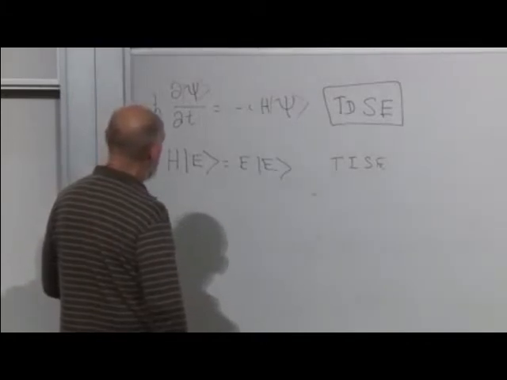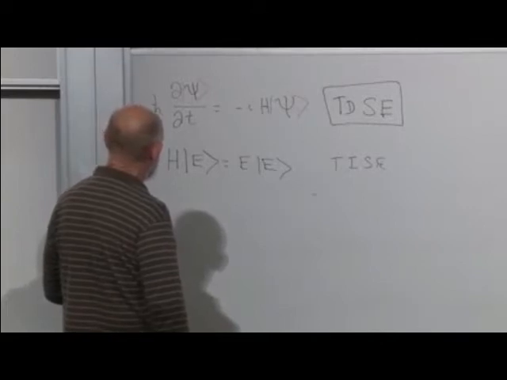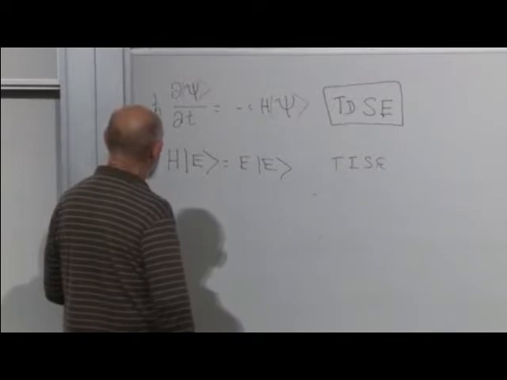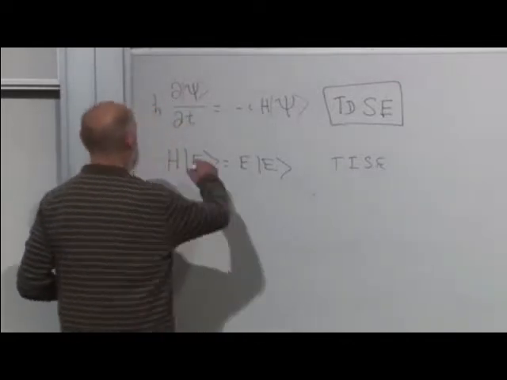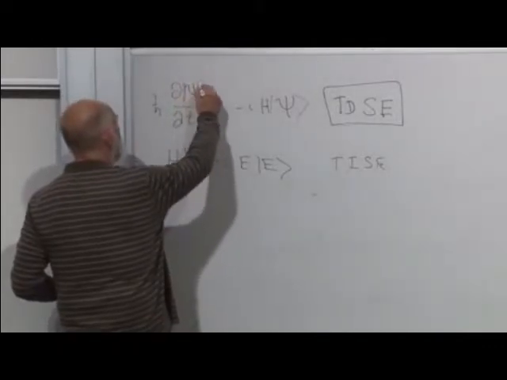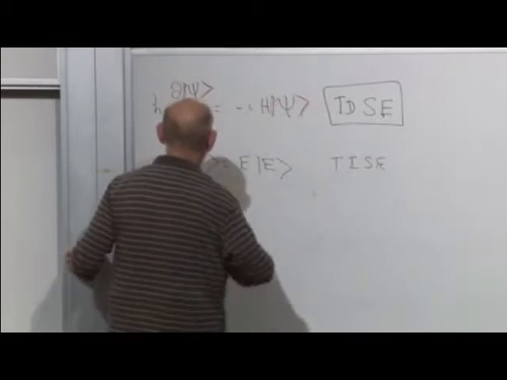Then it becomes just a differential equation, because H times E will be just E times E. No, we don't want to drop the ket symbol. Leave the ket symbol there for the moment.